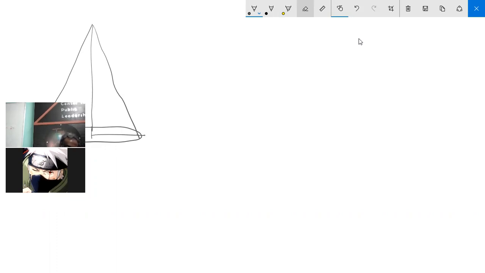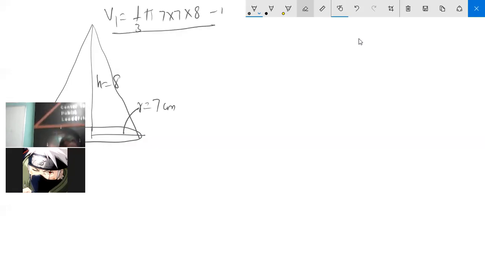Diameter is 14, that means radius is 7 centimeter and height is 8 centimeter. Volume 1 is equal to 1/3 pi into 7 into 7 into 8. It is melted into a form of hollow sphere.